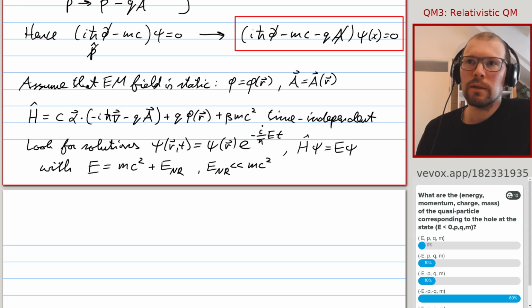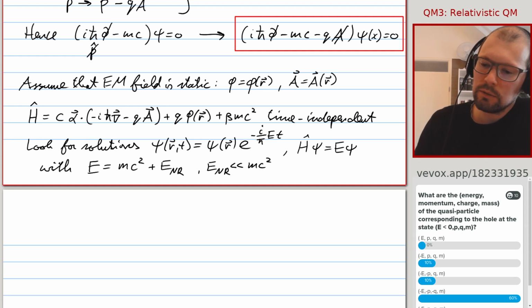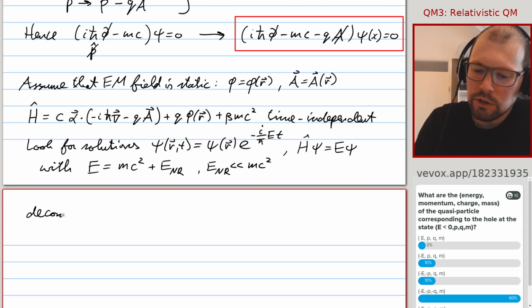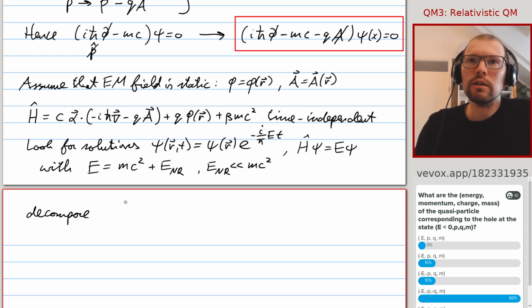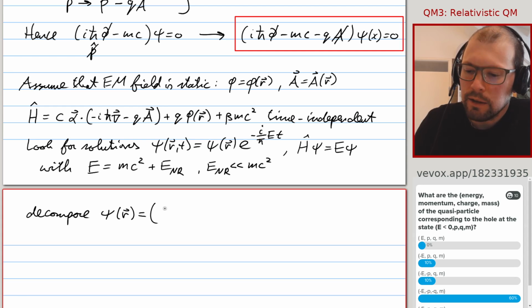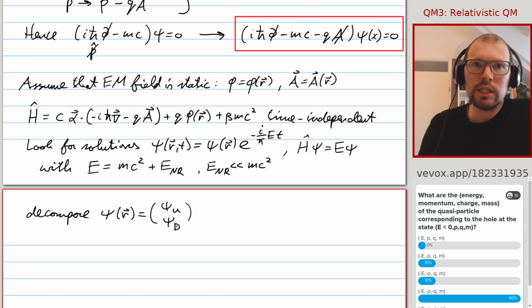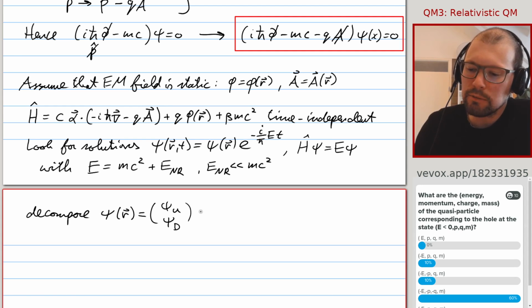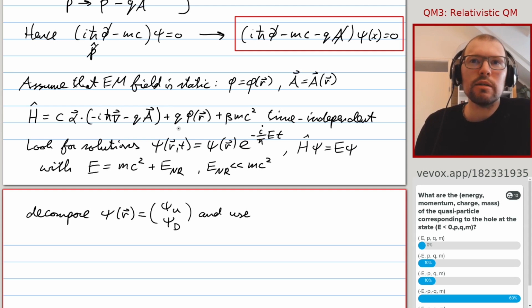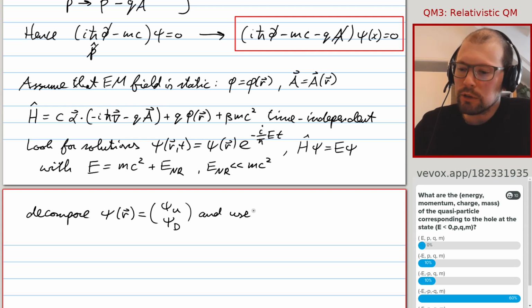Okay, so let's see what these solutions approximately look like. A convenient thing to do is to decompose the Dirac spinor in a pair of two vectors. So we decompose psi of r into an upper component psi_u and a lower component psi_d, up and down, and use that these alpha and beta matrices have a nice block diagonal form.